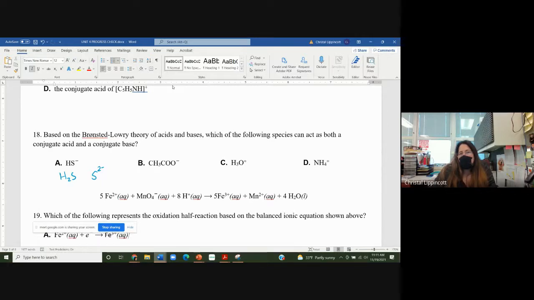Because if you draw this out, the carbon has these hydrogens here. He's not going to give those hydrogens away. That's not going to happen. So he can't be our answer because he can't give another hydrogen away. This is a base and it can't give any other hydrogen away. It can accept another hydrogen and become acetic acid, but it can't give another hydrogen away.